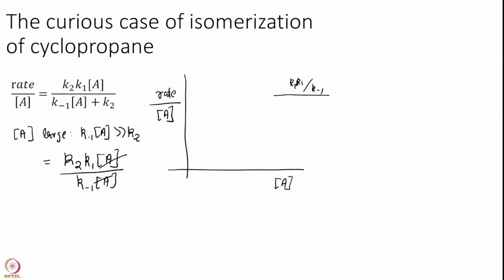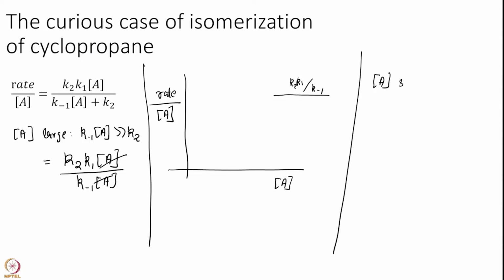Let us also look at the limit when A is small, such that K1 over K minus 1 into A is much less than K2. Then my rate over A will be equal to K2 K1 into A, and in the denominator I will ignore the first term and I will get simply K2.